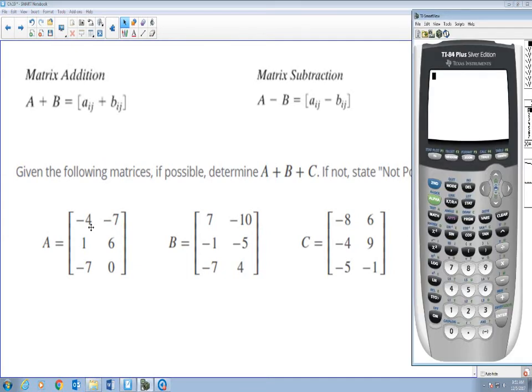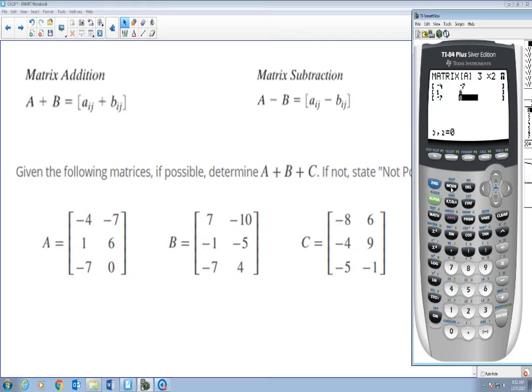All right, so I have 3 rows by 2 columns. I'm going to go to my matrix, go to edit, and enter the 3 by 2 entries for matrix A: -4, 1, 6, -7, and 0.